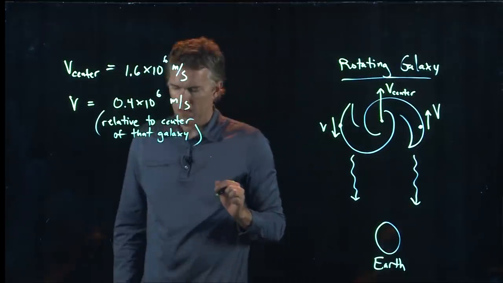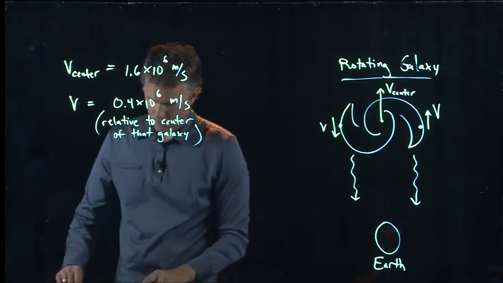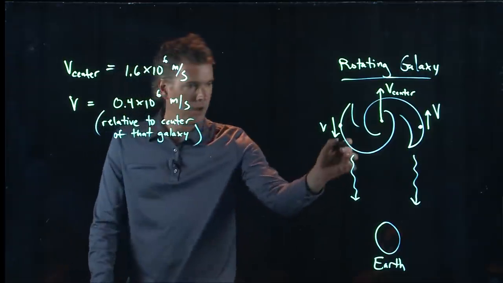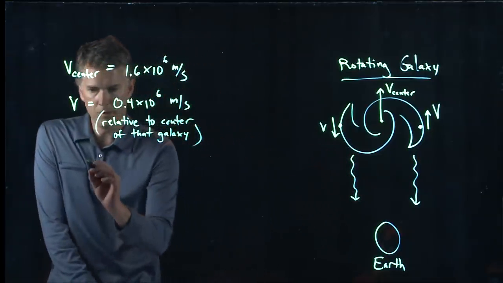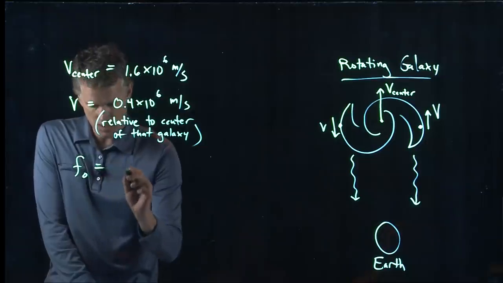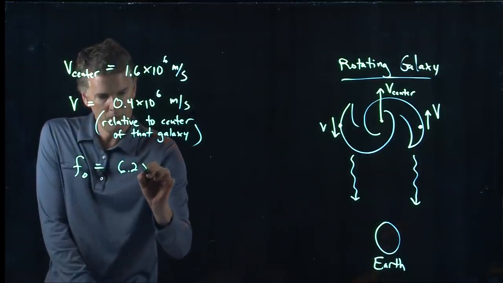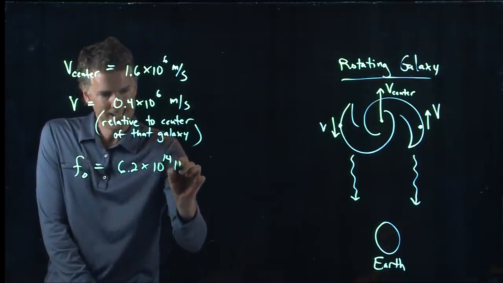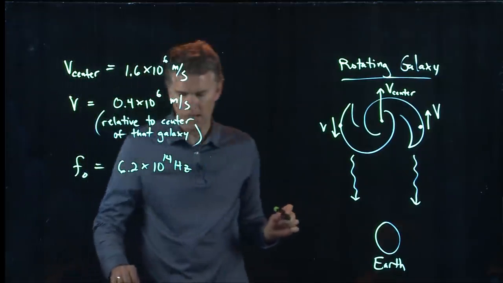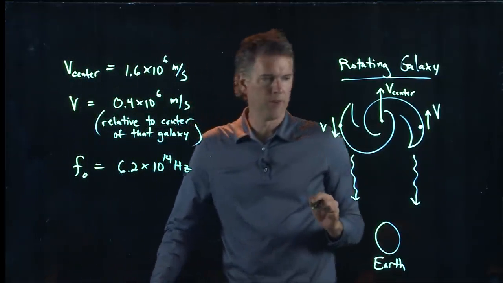Okay. The source of the light has a frequency f naught of 6.2 times 10 to the 14 hertz. And now we want to find the following.